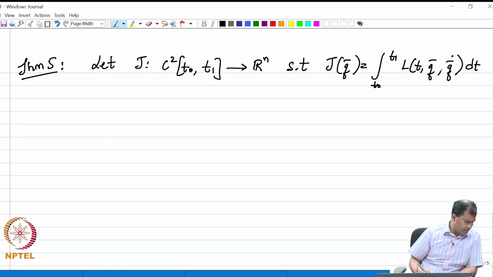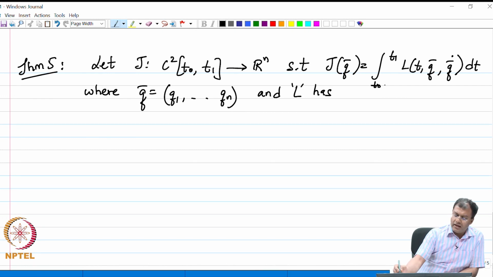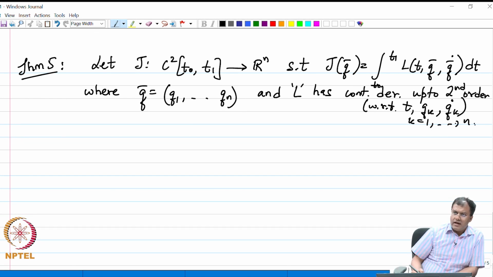So this is my functional, where q is this following vector, and L, the function inside this integral, has continuous derivatives up to second order with respect to t, qk, and qk dot, for each k from 1 to n.